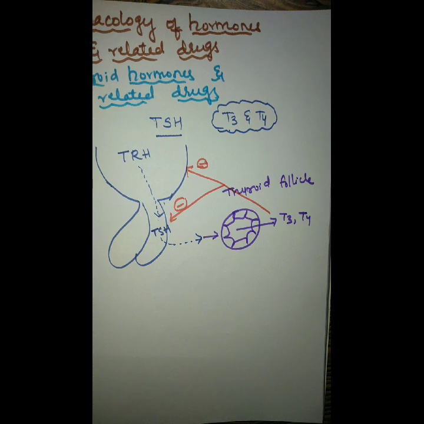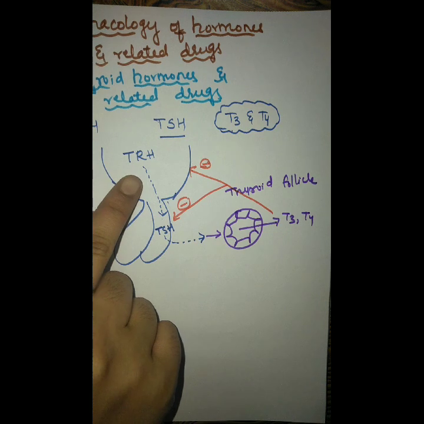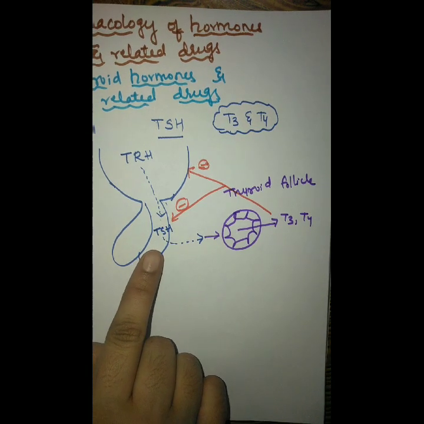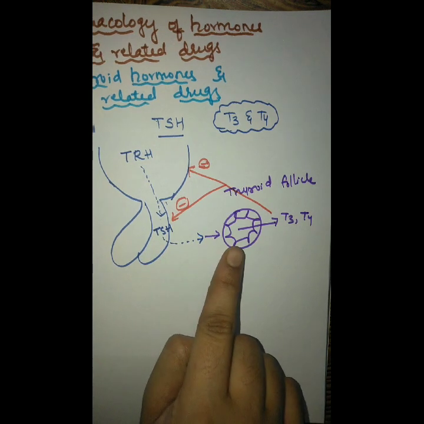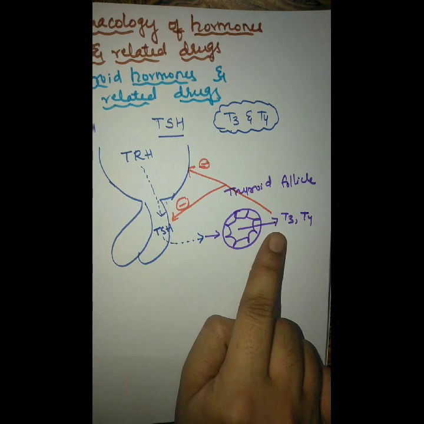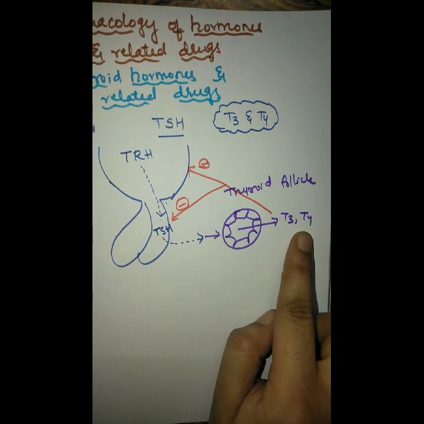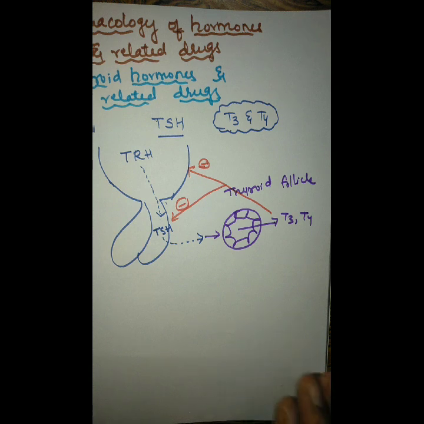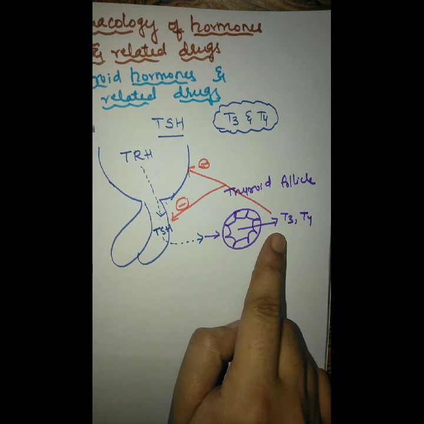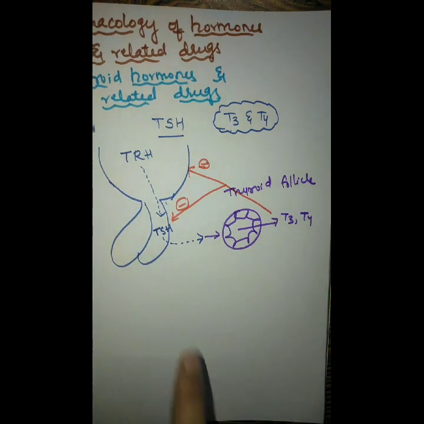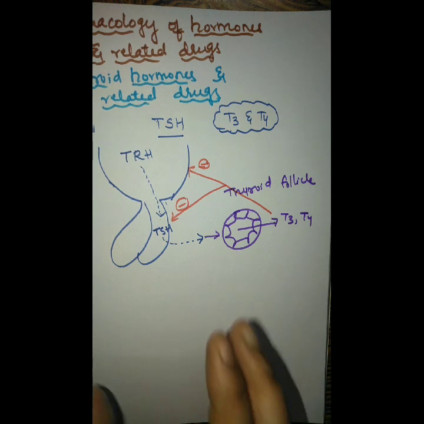Whenever the level of T3 and T4 in the blood is reduced, it will cause release of TRH from the hypothalamus and TSH from the anterior pituitary, and this TSH will cause this thyroid follicle to release T3 and T4 into the blood. Once in the blood the level of T3 and T4 is being normalized or optimized, via negative feedback mechanism it will inhibit further release of TRH and TSH. So this is the normal physiology.